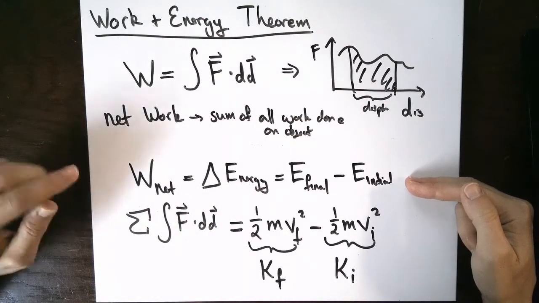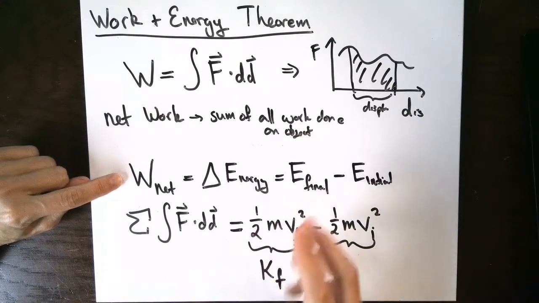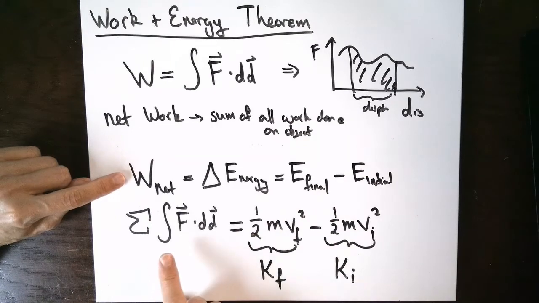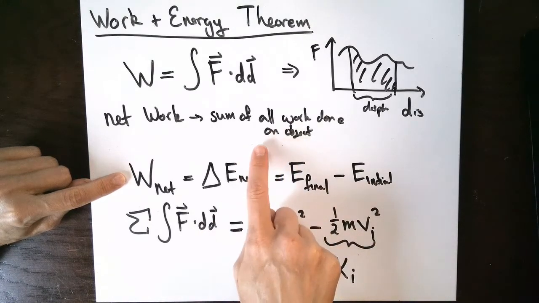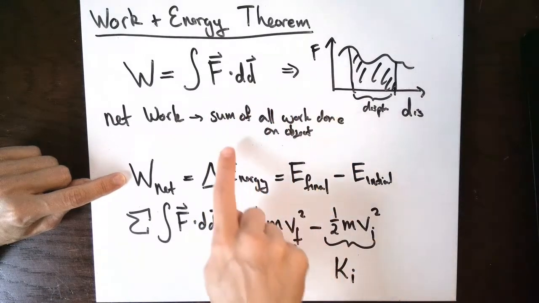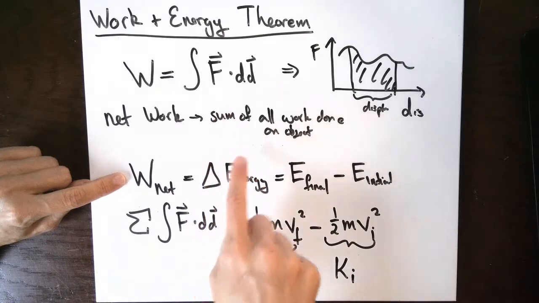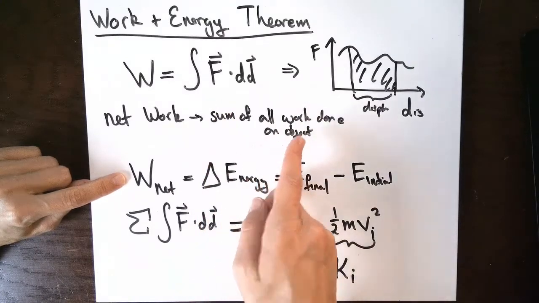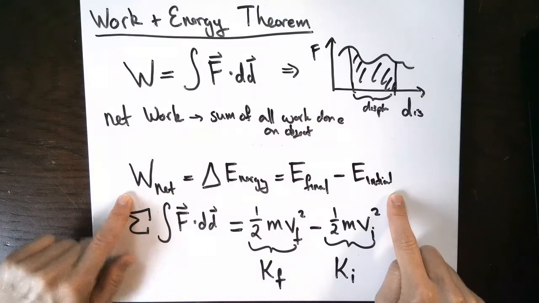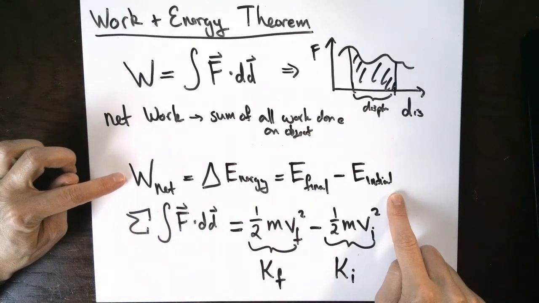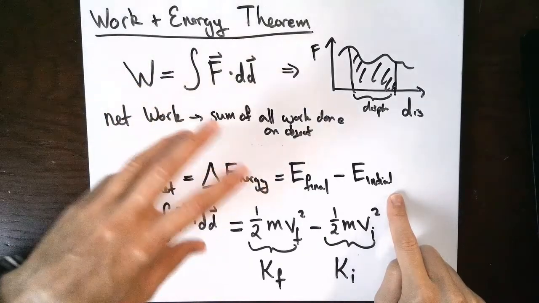I talked a little bit about how work is really how objects interchange energy between each other. So if an object was having positive work done on it, that would mean that a force was giving it energy. And if the work done on that object was negative, that means that the force associated with that negative work was taking energy away. And that's really what the work energy theorem is telling us. We're looking at all of the object's energies that are flowing in from the outside.